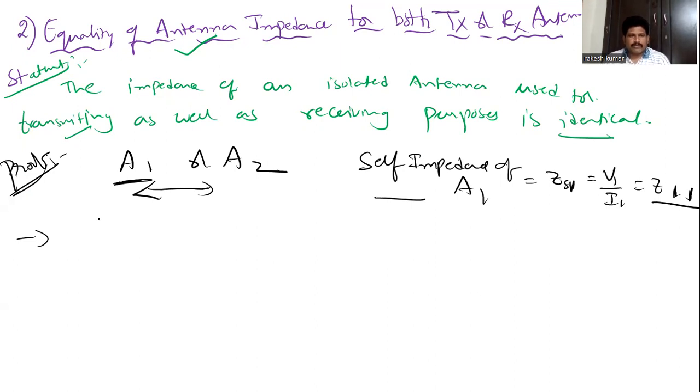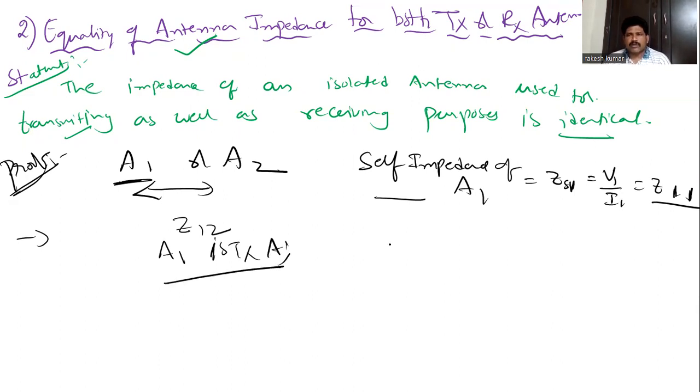Now when the two antennas are separated widely, the mutual impedance Z12 of antenna A1 can be neglected when A1 is used as a transmitting antenna.